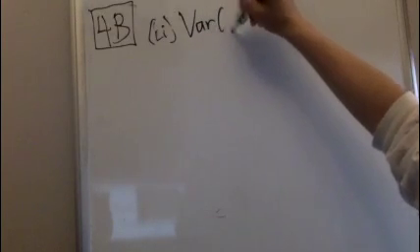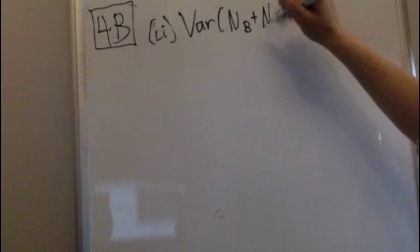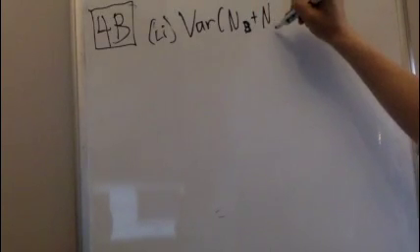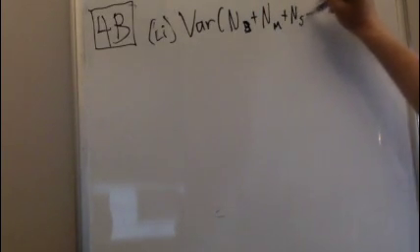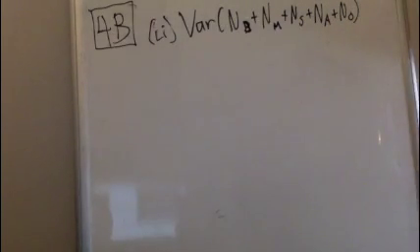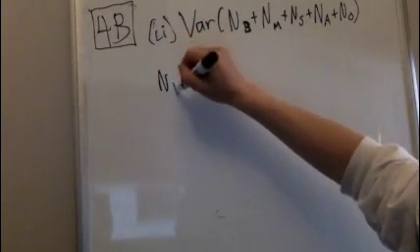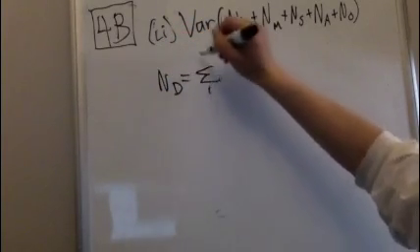So for part 2, we're looking at variance of the sum of D. Well, let's think what each of these quantities represent.